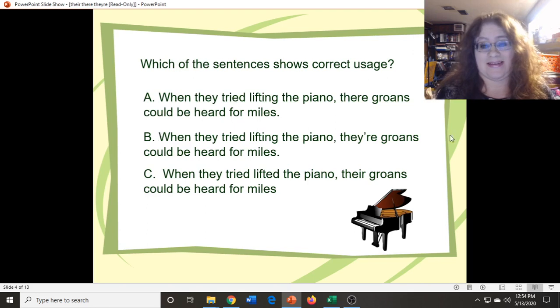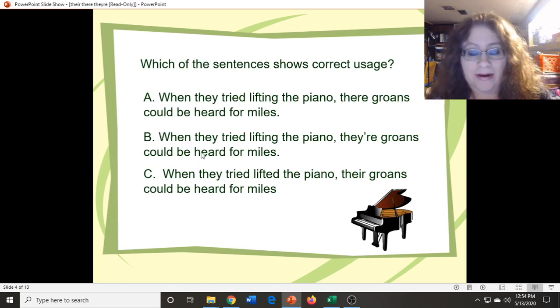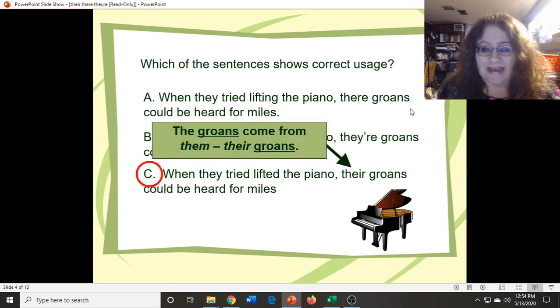That doesn't make any sense at all. So we're not going to choose B. So we either have their groans showing something someone owns, possession, or there groans showing location. So the answer would be C, their groans. The groans belonging to them, possession.